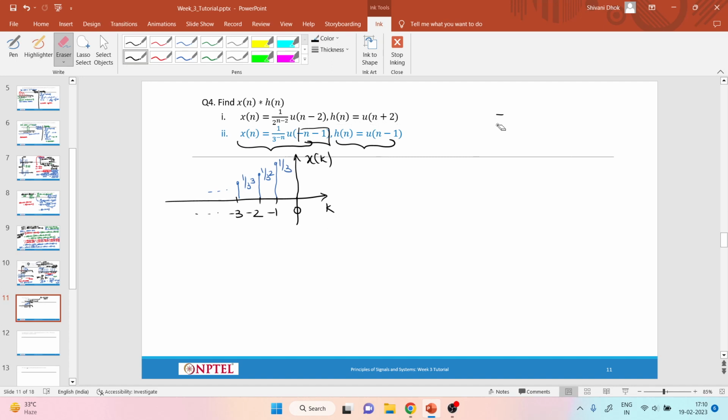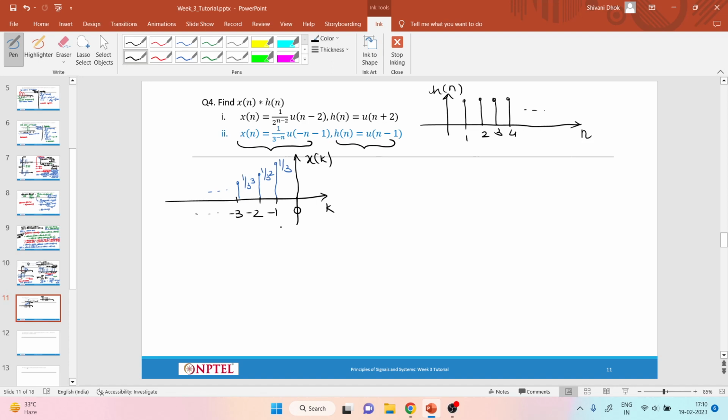Now let us look at this u of n minus 1. So how does this look? This is simply a shifted version of your unit impulse, which will be starting from n equal to 1. So this will be like this, and so on. So this is your n, and this is your h of n.